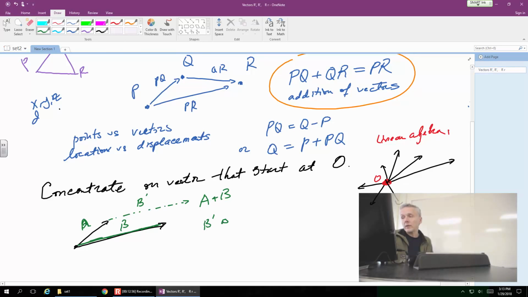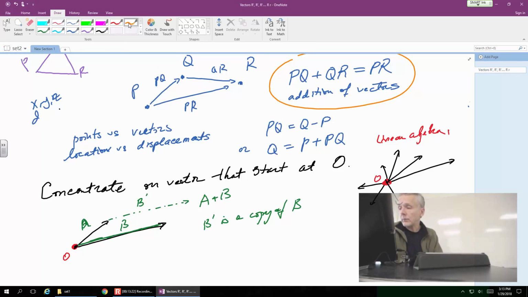B prime is a copy of B. In what sense is it a copy? It has the same exact direction, the same exact length, but it just originates at a location other than the origin. So that's just a matter of construction. You may have seen this before. And then the end result is the addition of vectors, the same as you see over there.